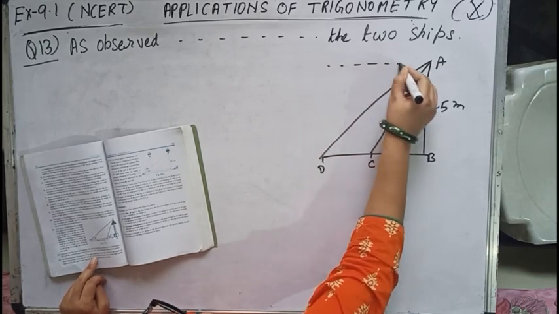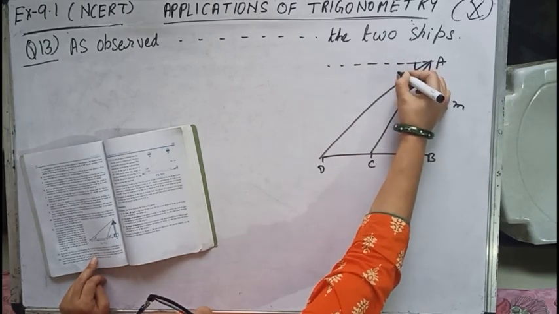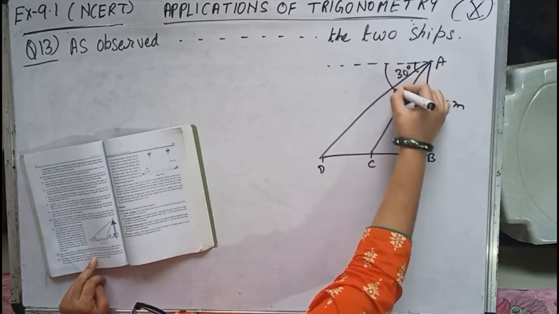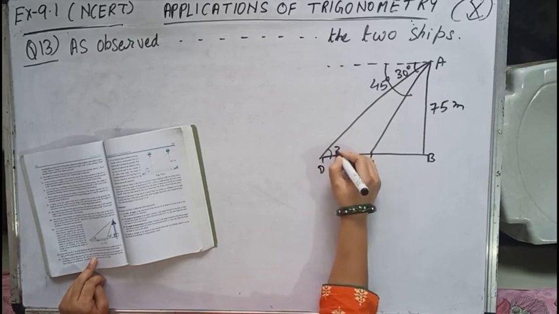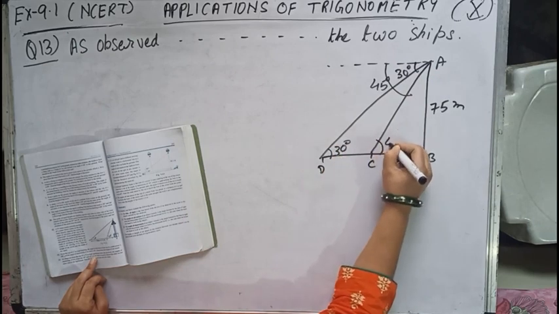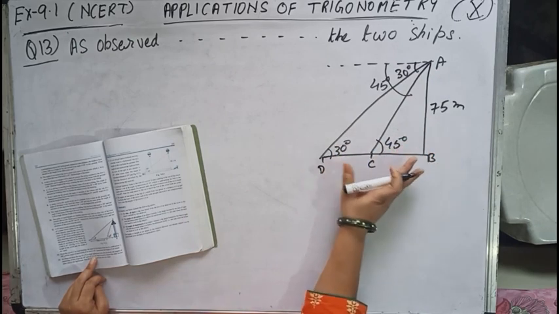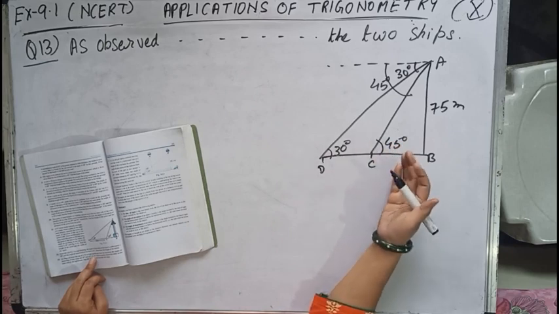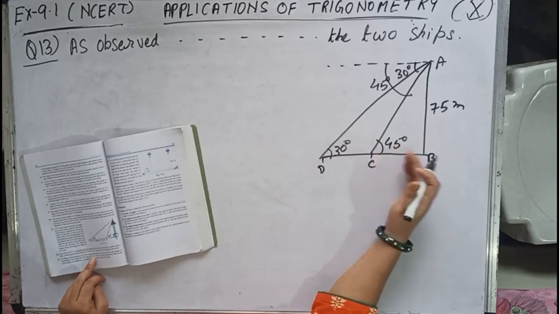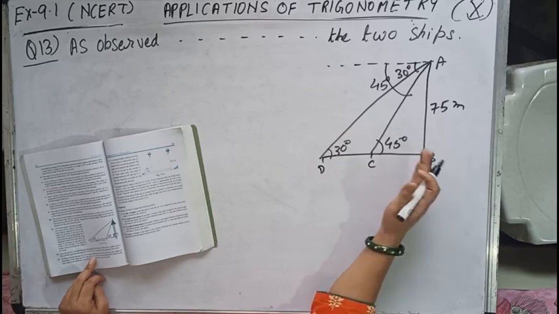So depression, so this one is 30 and this one is 45 degree. Take care children, how I have made the angle which has more value will be closer to the vertical length.